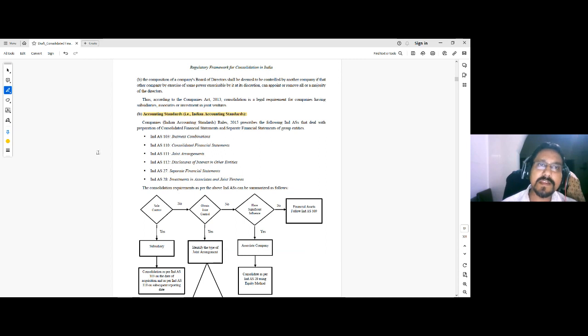It starts with Ind AS 103 Business Combinations, and the most important accounting standard for consolidation, which we will mostly follow, is Ind AS 110 Consolidated Financial Statements.